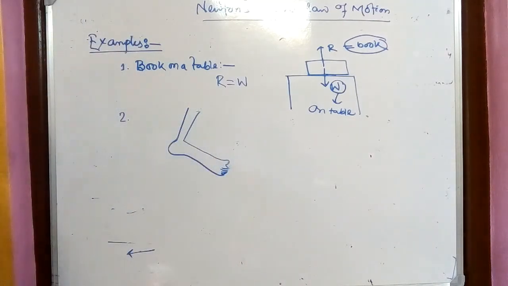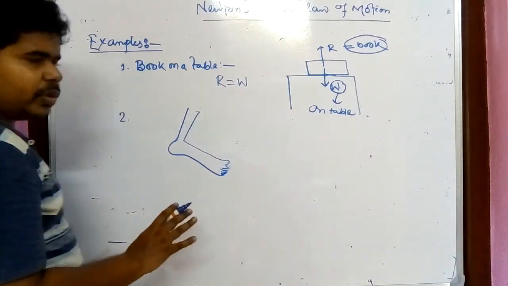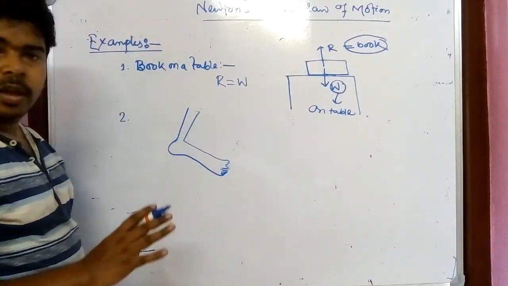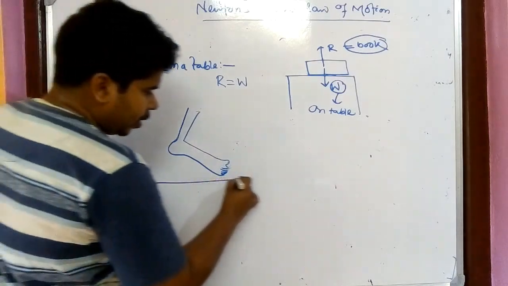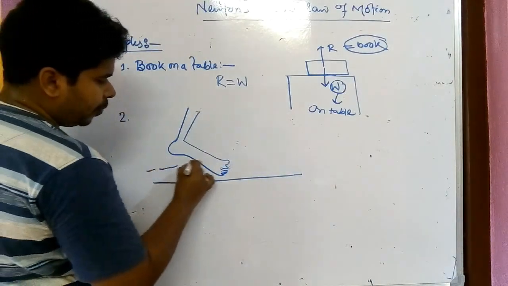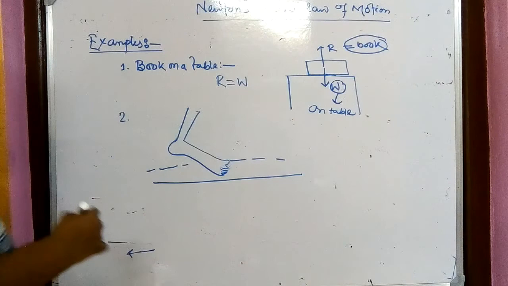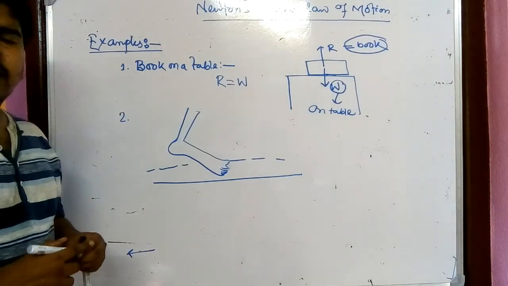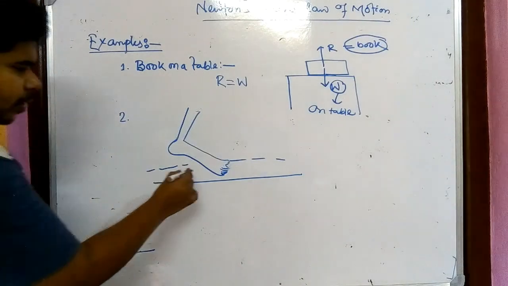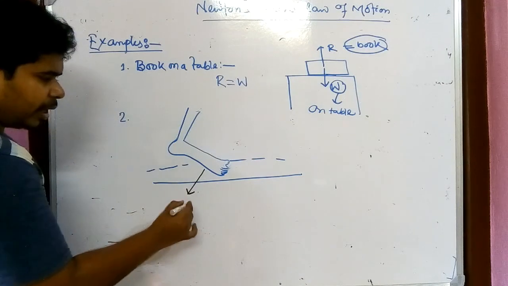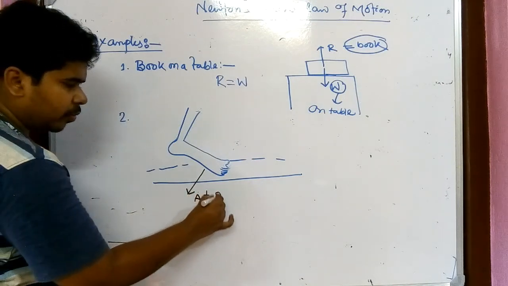Okay, so assume like this. Whenever we walk, just feel it. Assume this is the floor. If you feel it at the time of walking, we are applying a force downward at the ground.